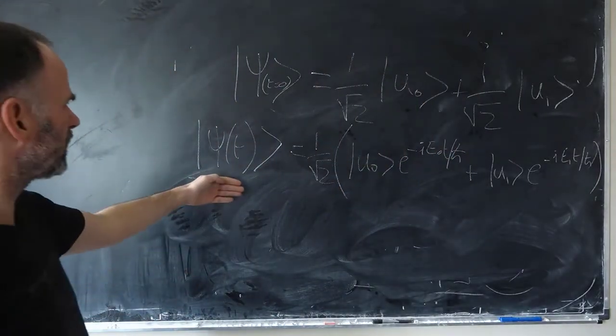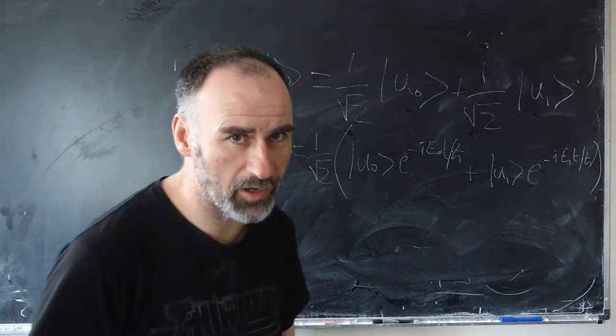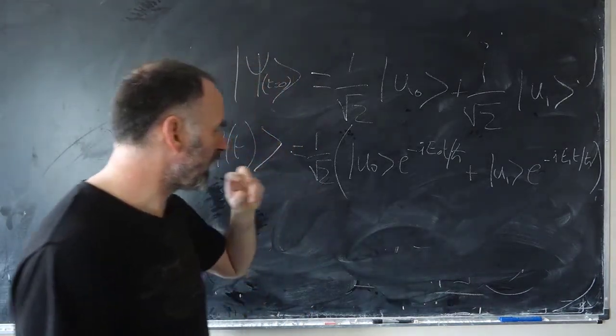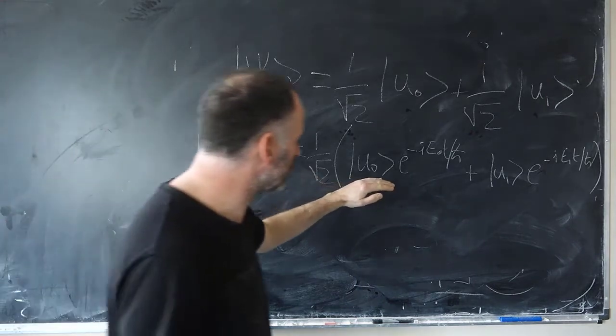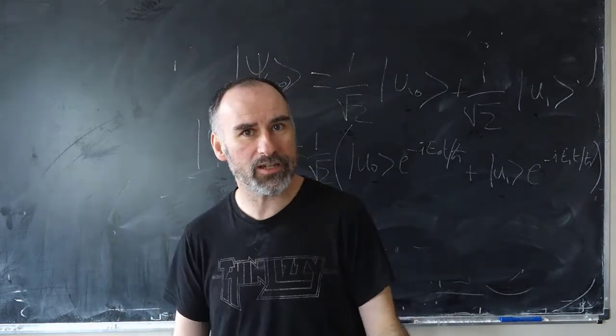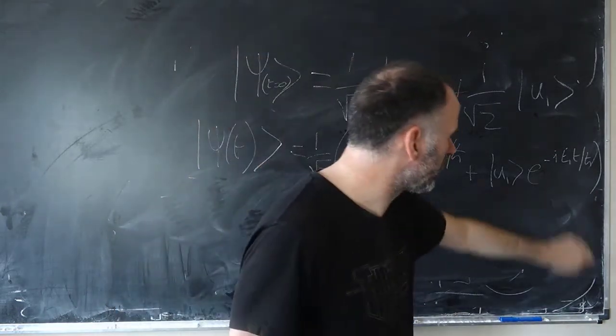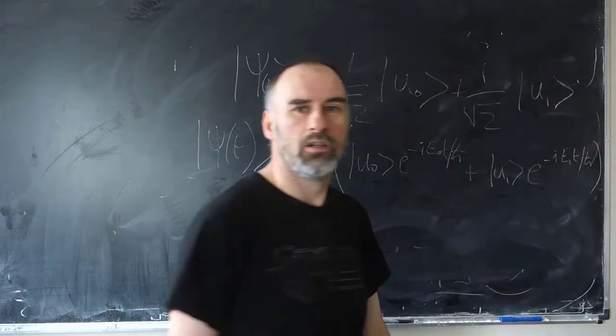So that's our state vector. You could write it in terms of wave functions if you like, and have a psi of x there. Entirely up to you, but that's our state vector in terms of an equal superposition of the first two eigenstates with the time dependence put in place. 3 marks.